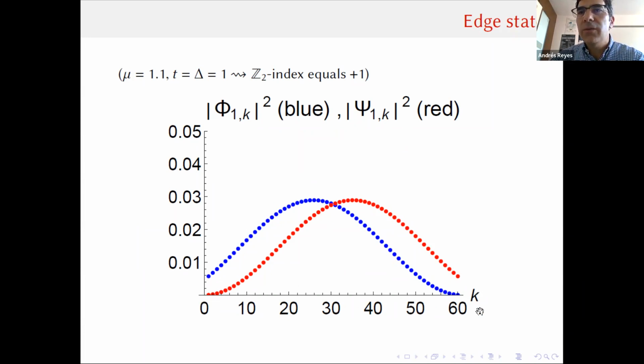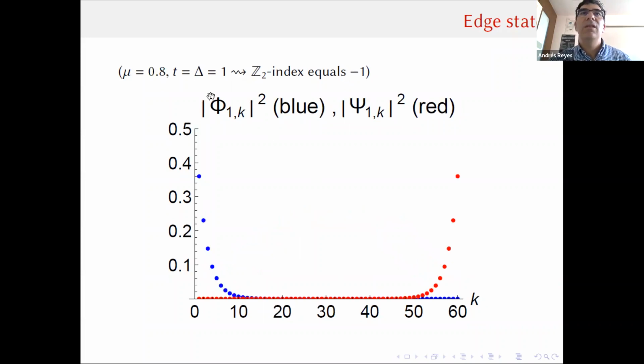I have a chain of 60 sites, and for this choice of parameters, mu equal 1.1 and t equal to delta equal to 1, the mode 2 index equals 1. What happens here? There are no edge states. This wave function vanishes toward the edges and it is centered around 30 more or less.